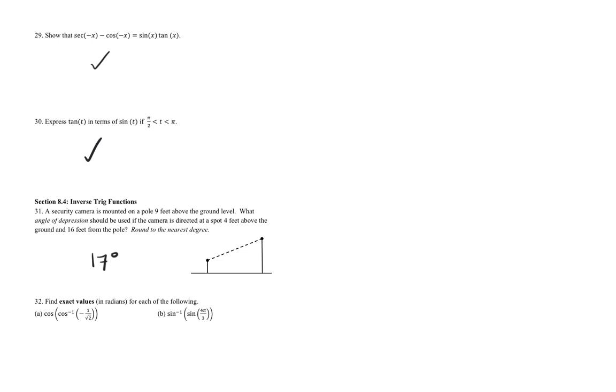Question number 32. Find exact values in radians for each of the following. So part A, we are looking at cosine of cosine inverse of negative 1 over the square root of 2. So the first thing we want to do is examine the inside part, cosine inverse of negative 1 over the square root of 2.